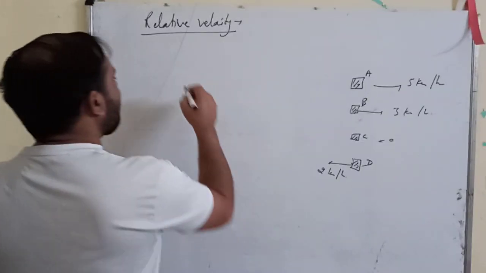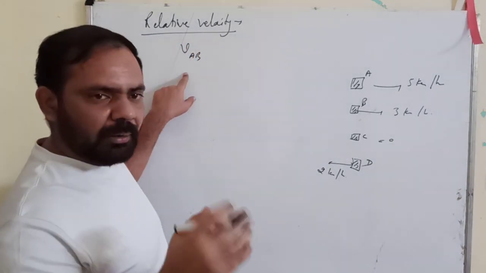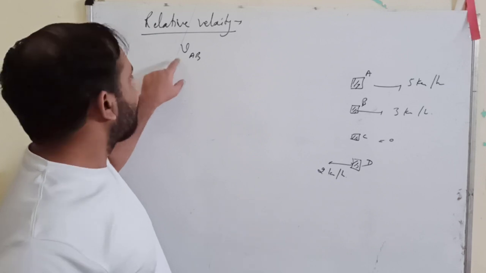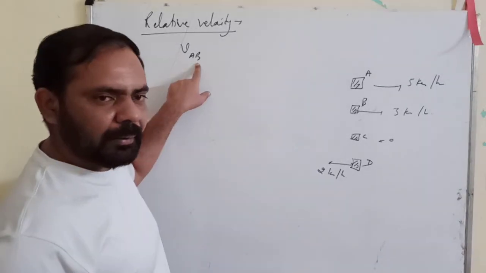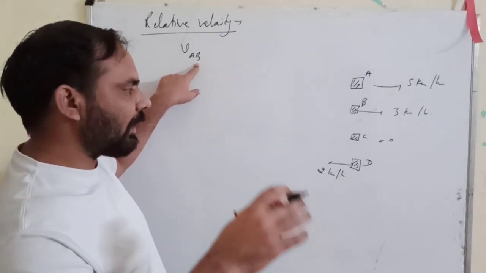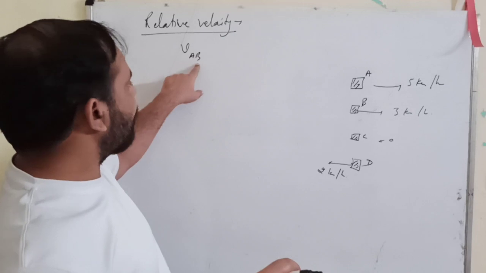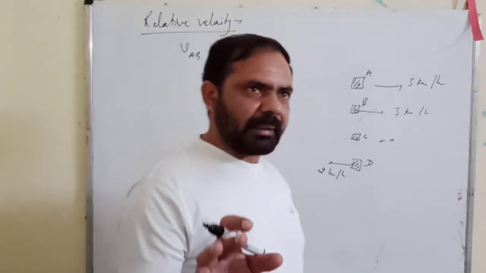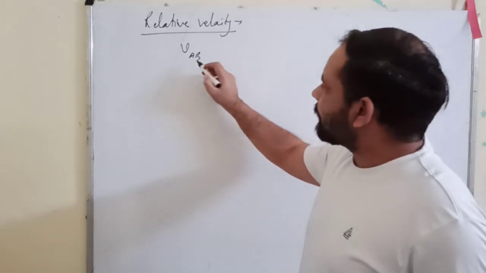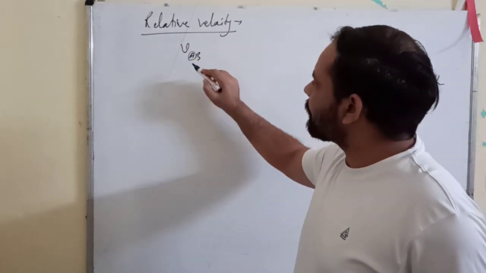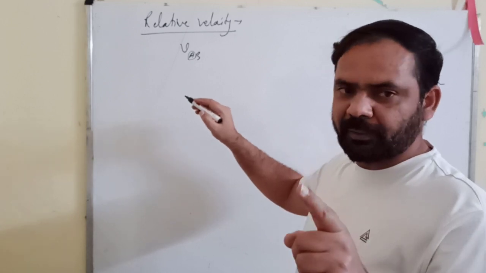So V A B, which is the relative velocity of A with respect to B. For that, remember the process of finding relative velocity. The first one is the body whose relative velocity you are finding.